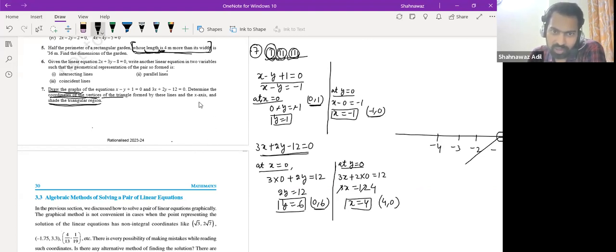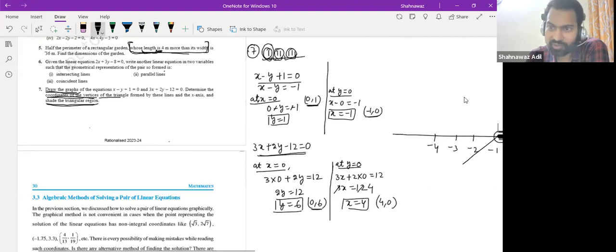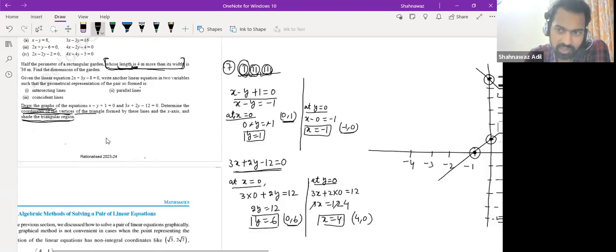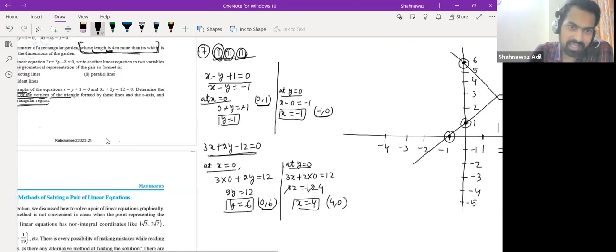So we need three lines. But in the graph there is a triangle. So the triangle is forming between three lines, right? So we have to identify what is the third line that they are giving. So they are saying that the third line is the x-axis, right?